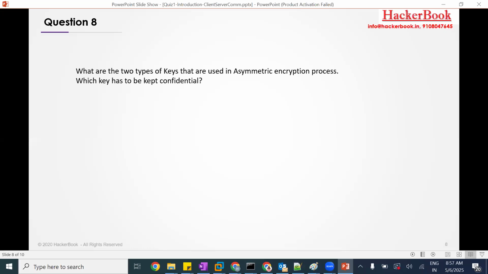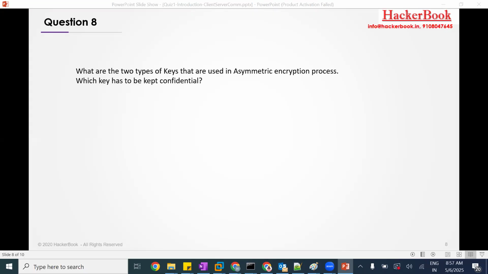What are the two types of keys used in the asymmetric encryption process? Among that, which key has to be kept confidential? Two questions are there within this. Answer it comma separated. First question, what are the two keys?